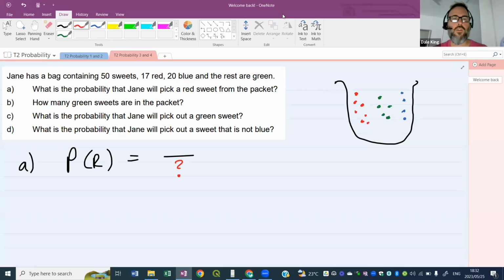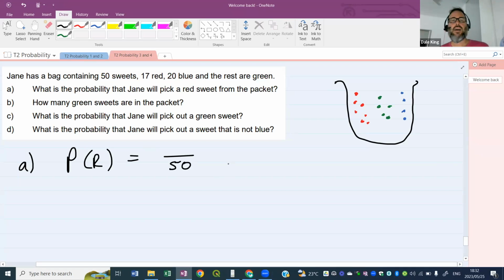Who can tell me what needs to be at the bottom? How many possibilities are there when Jane reaches in that bag and grabs one of the sweets? How many total possibilities are there? 50. Yes, you guys have got it. So there's 50 possible things that could happen because there's 50 sweets. So we're going to put 50 there.